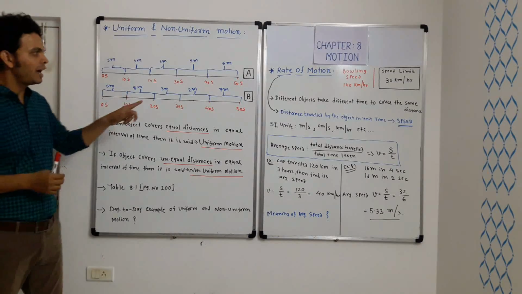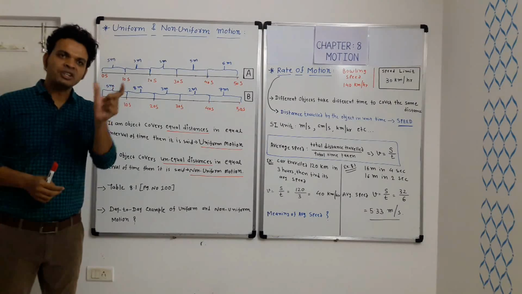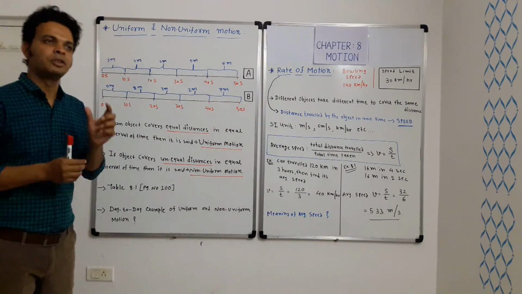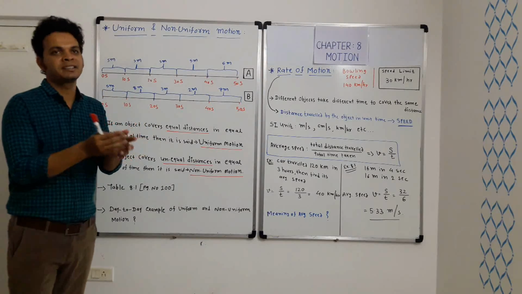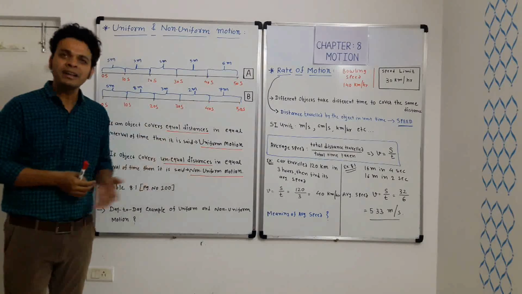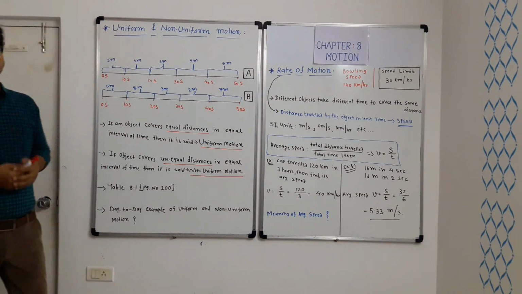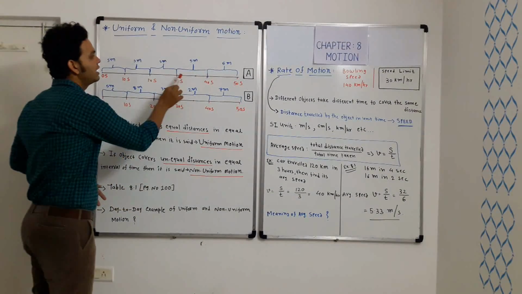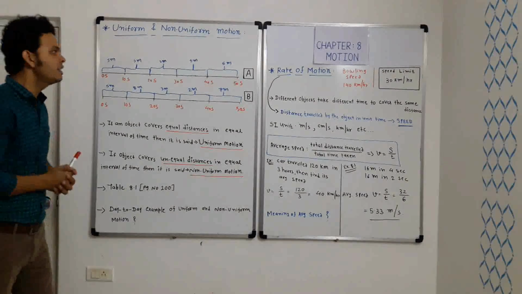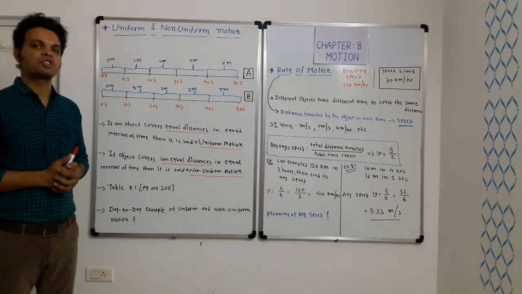However, for car B, in each interval of time, that is in each 10 seconds, the distance travelled by car B is not exactly equal. It is sometimes 5 meter or 8 meter or 3 meter and 2 meter. So it is not equal. So here we can say that car A is performing uniform motion while car B is performing non-uniform motion.